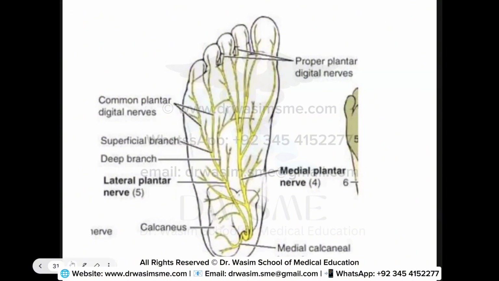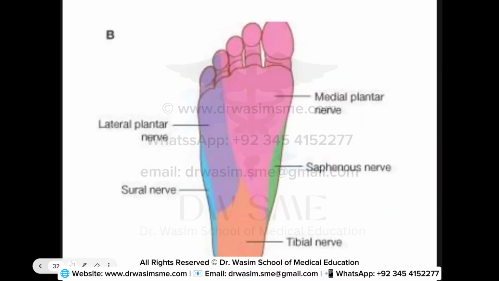So this is again a diagram showing the medial and the lateral plantar nerves' innervation. This is a very important diagram. This area, which I said is beneath the calcaneum, is supplied by the tibial nerve. This small area on the medial border of the foot is supplied by the saphenous, and on the lateral border, we have the sural.